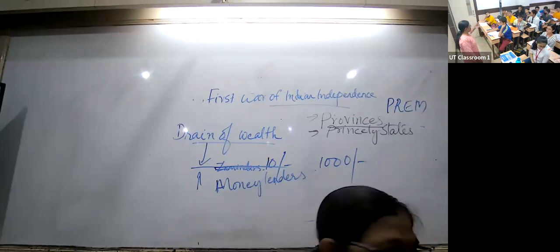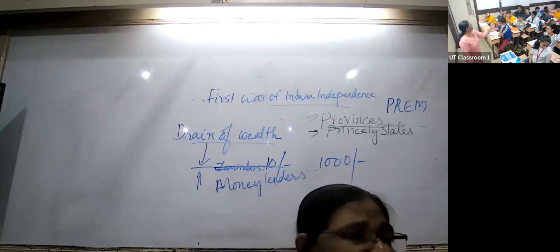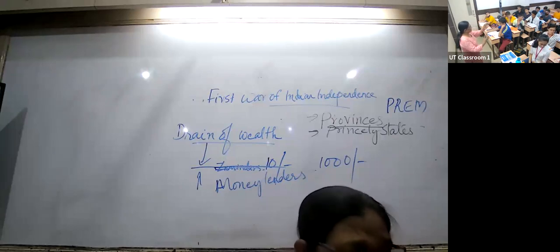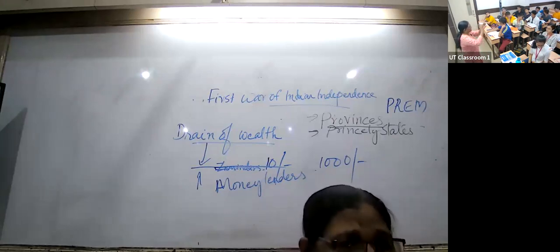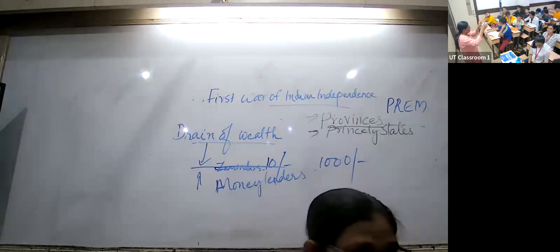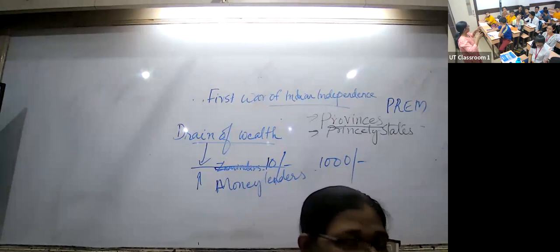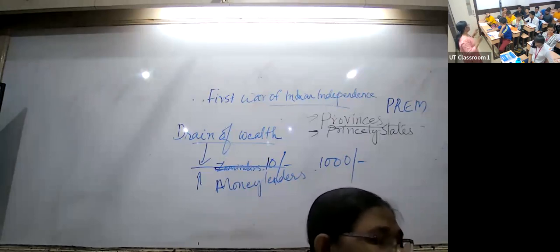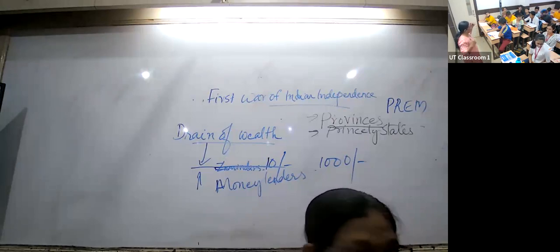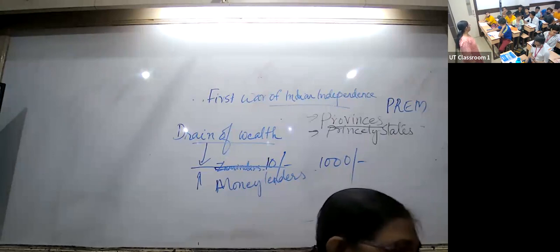The next thing is about the places. Which place is being read? Delhi. Then Lucknow. So when all these places are connected, it can be very easy for you.